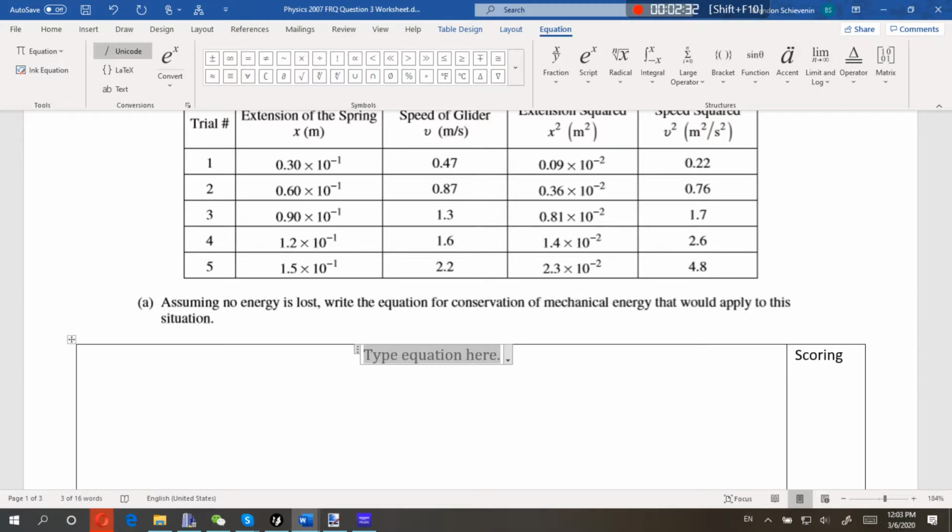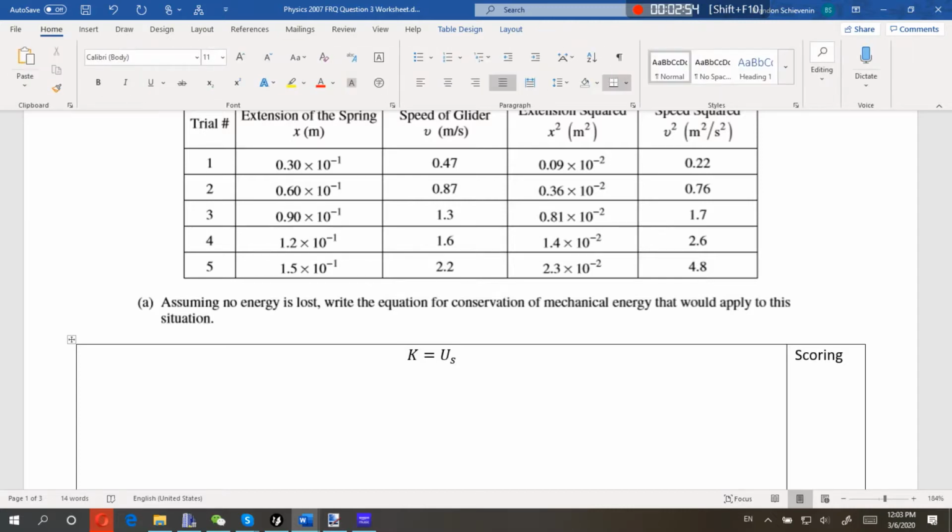So, kinetic energy is converted to potential elastic. I'm going to subscript that S for potential energy of the spring.